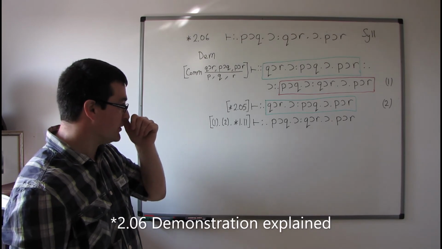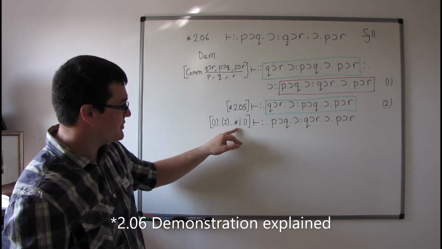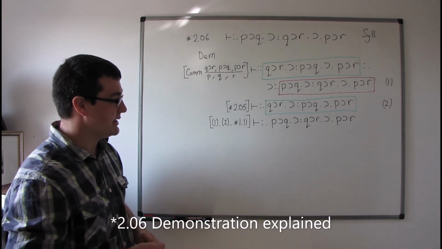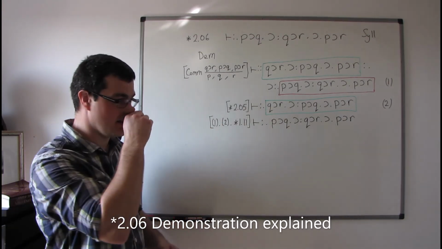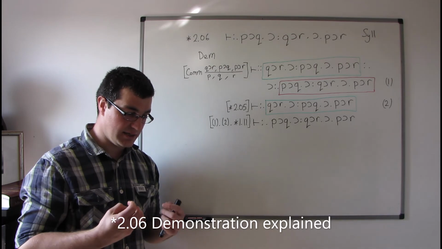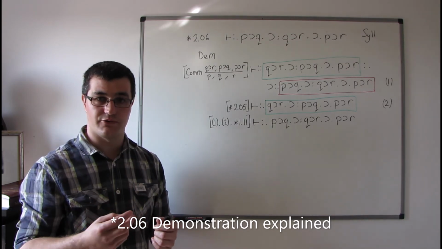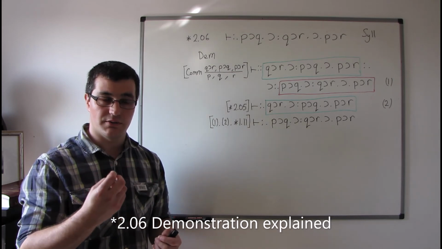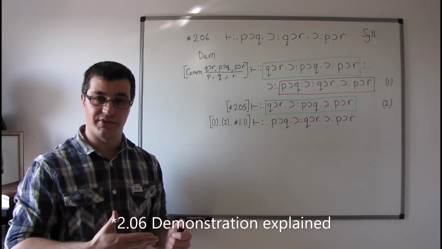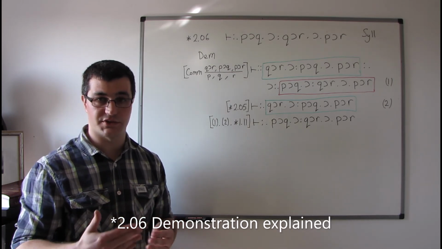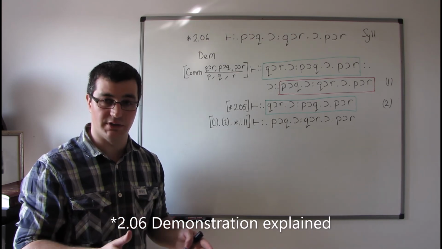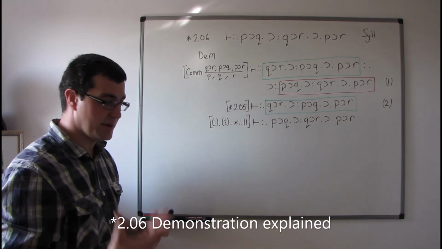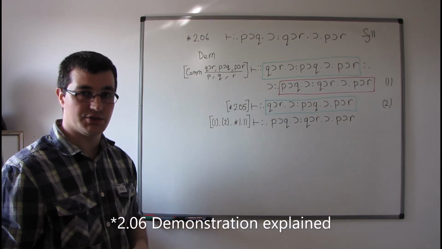Okay, so I'll explain why we're using star 1.11 and not 1.1 in a second, but suffice it to say that we've got two rules of inference, 1.1 and 1.11. 1.1 is the more fundamental of the two rules of inference that we've got currently. But it's not necessarily the most useful because it applies really only to individual propositions.